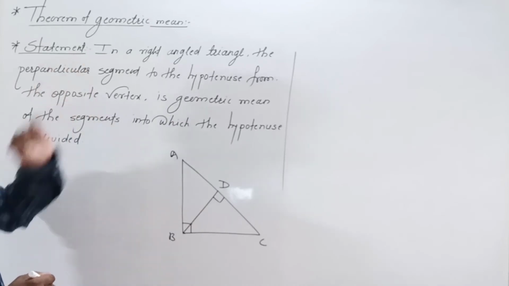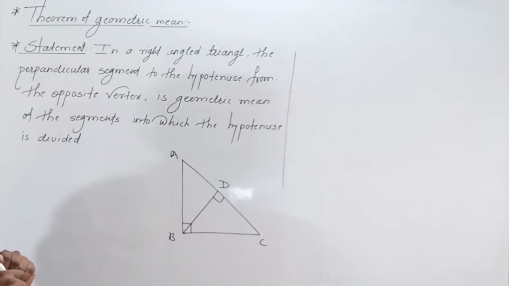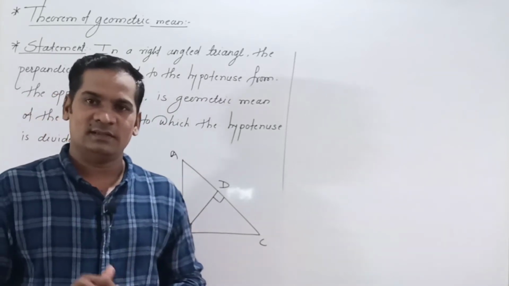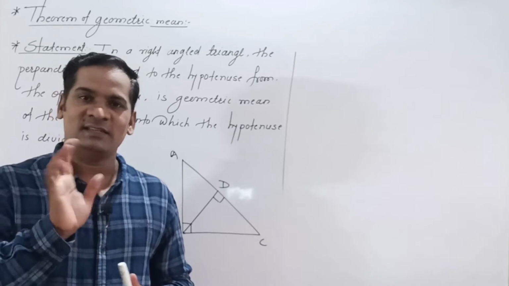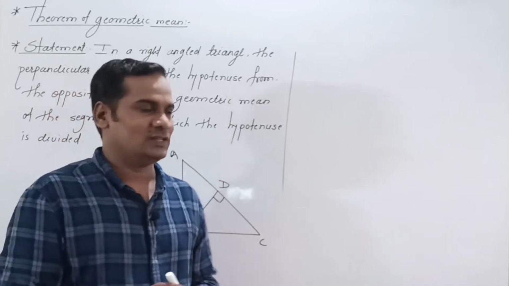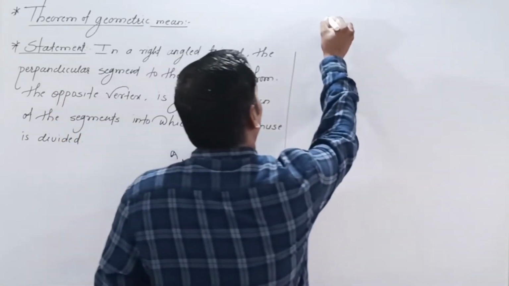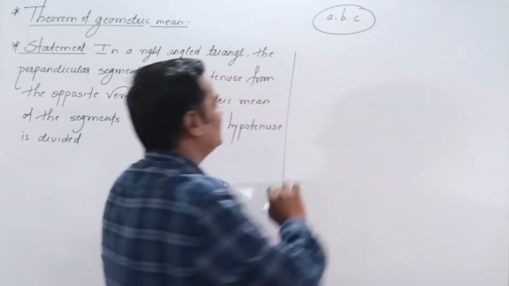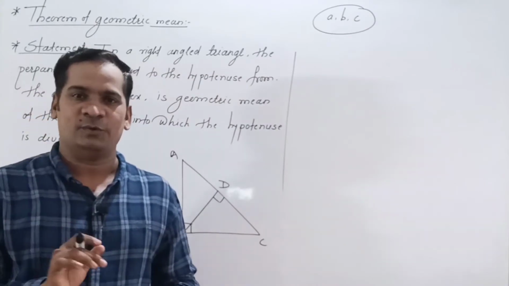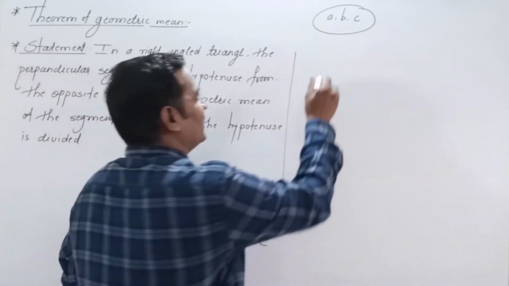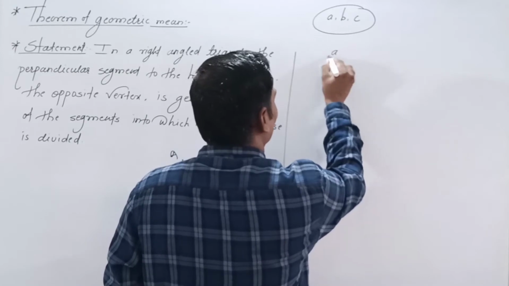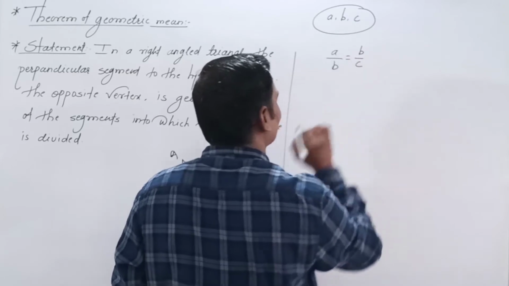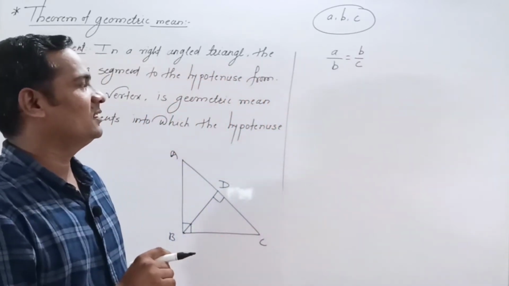What is the theorem of geometric mean? Okay, last year in algebra we already discussed geometric mean in the chapter on ratios and proportion. So what is that? If A, B and C are in continuous proportion, that means A upon B is equal to B upon C. Now this is called continuous proportion.